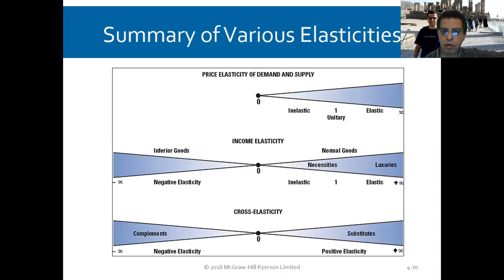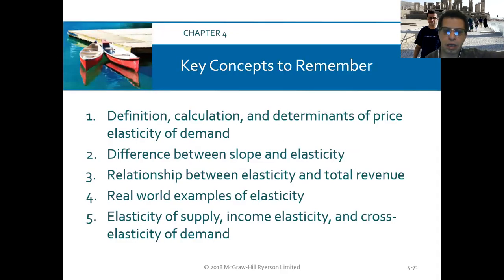So we're not going to look at this, and in the end, we're going to talk about the key concepts to remember. Don't get involved with a lot of calculations, just understand how this thing is happening. So the definition, calculation, and determinants of the price elasticity of demand. We spoke about the difference between slopes and elasticities, and we said shape out, shape in.